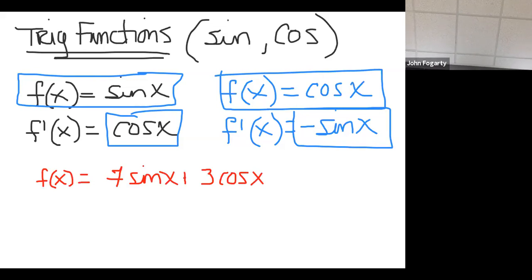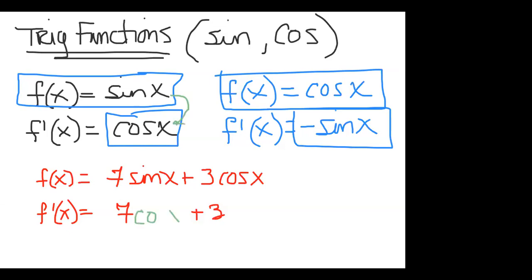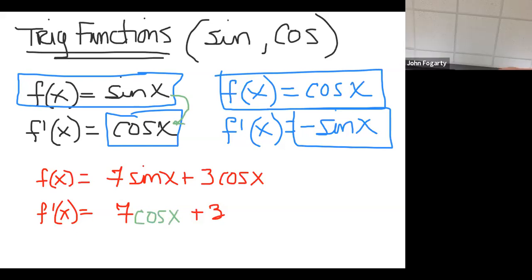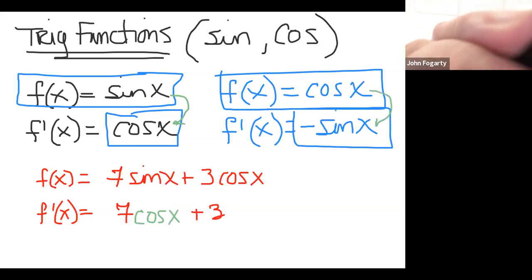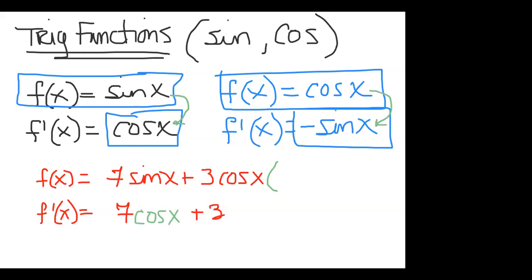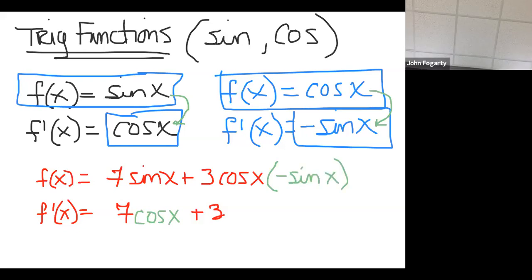Well, all we're going to do to find the derivative: what's the derivative of the sine of x? Cosine of x. And what did we say the derivative of the cosine of x is? Negative sine of x.